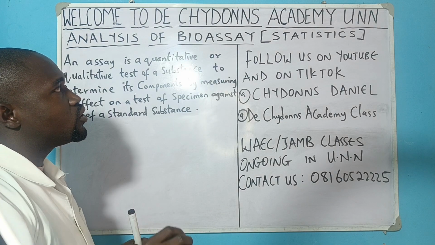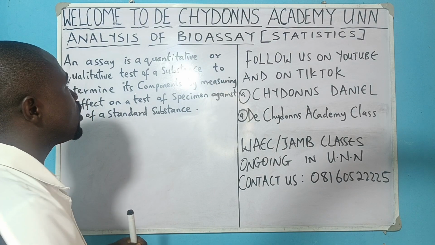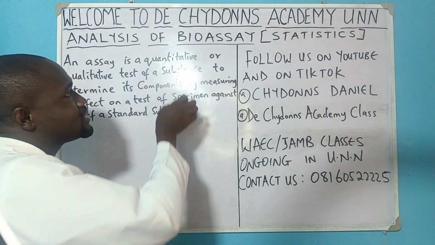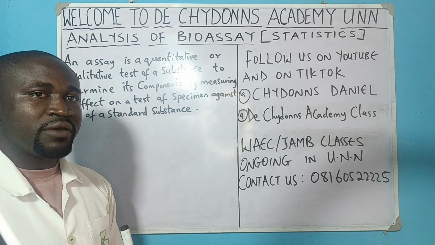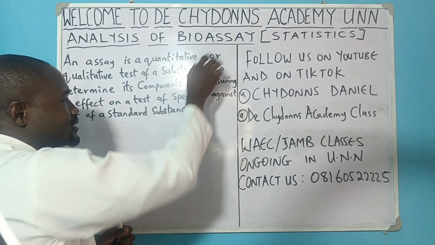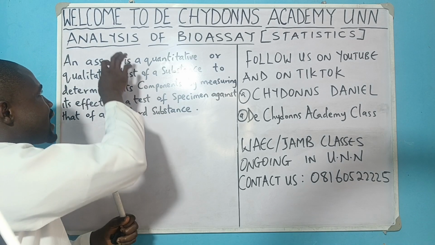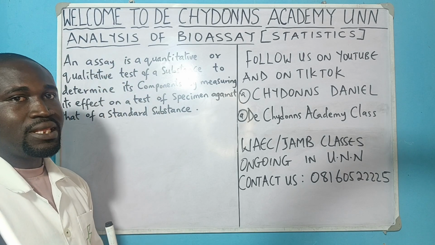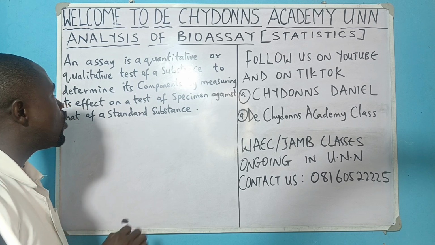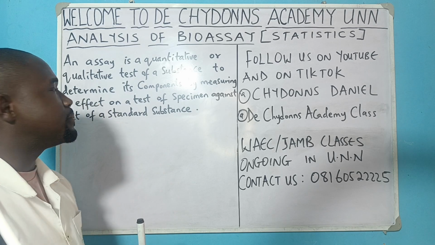But before we go into details to discuss how we can analyze a statistical problem given to us on bioassay, let's first and foremost discuss what an assay means. Yes, what does the word assay mean?